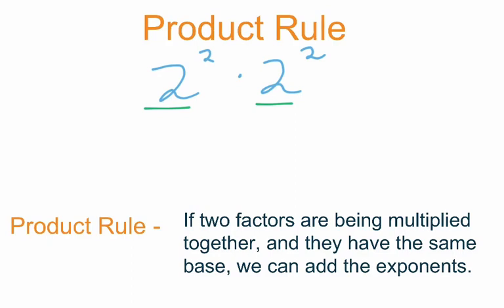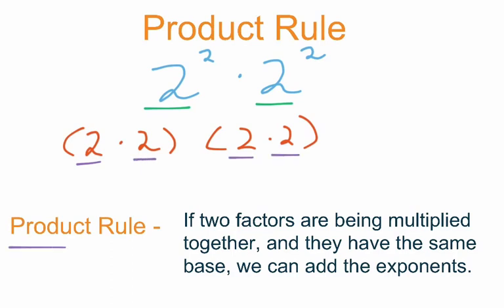If we're multiplying 2 squared times 2 squared, I'm basically setting this up as 2 times itself times, put some parentheses in here, 2 times itself. That's what we do when we square a number. How many 2's do we have in this setup? I've got 1, 2, 3, 4.